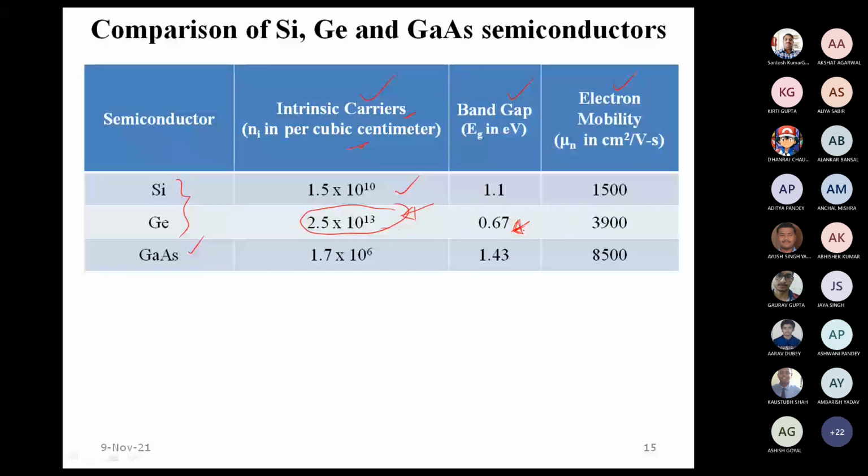We will see in a moment what we mean by band gap. And there is something called electron mobility. Looking at these parameter values, it appears that germanium should be the choice of material to build semiconductor devices. But silicon is the choice. Why silicon is the choice, we have already mentioned a few points, and other points will be clear as we learn more about the material.